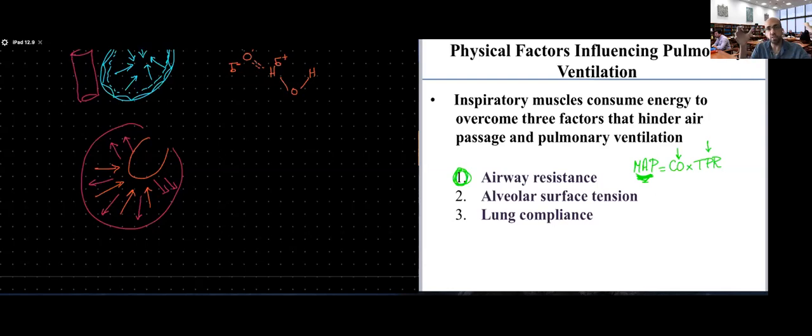Am I able to expand the lung or it's too stiff? Am I able to recoil the lung or it lost its elasticity? All right, so we call this my lung compliance. So 3 factors that we're looking at today that will affect the ventilation. Those are my airway resistance, my alveolar surface tension, and the lungs compliance.